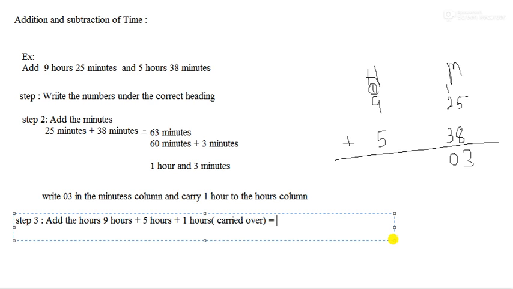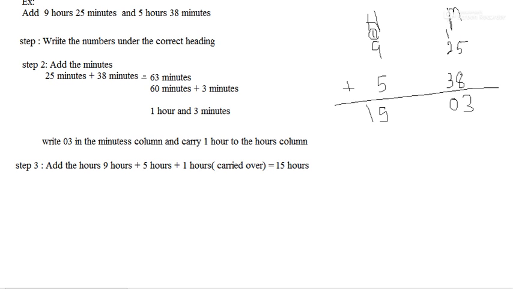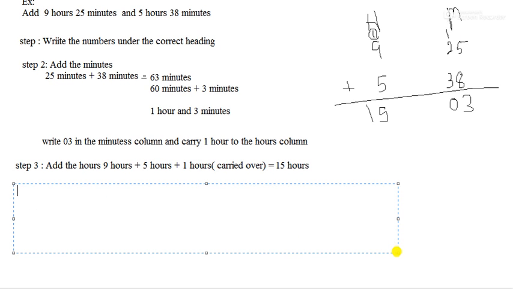So add it now. 9 plus 1 is 10, 10 plus 5 is 15. So how many hours here? We have 15 hours. Now the answer is 15 hours 03 minutes.